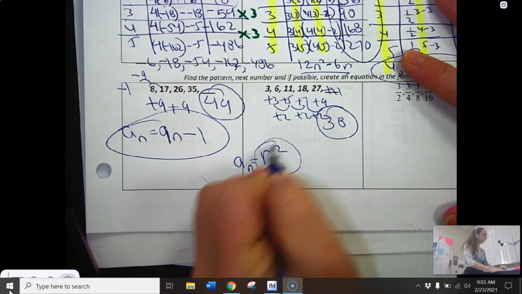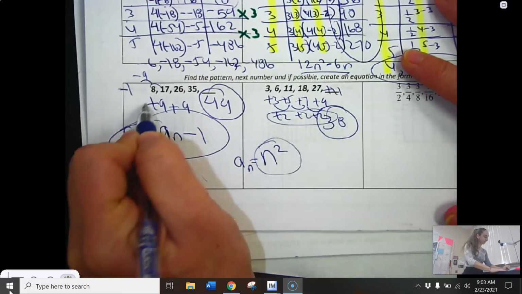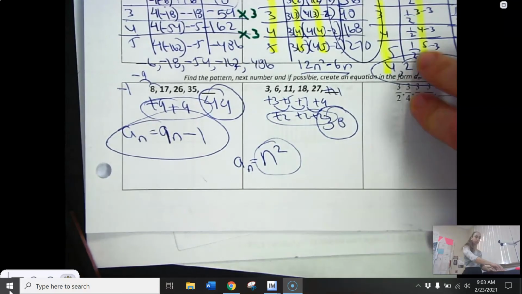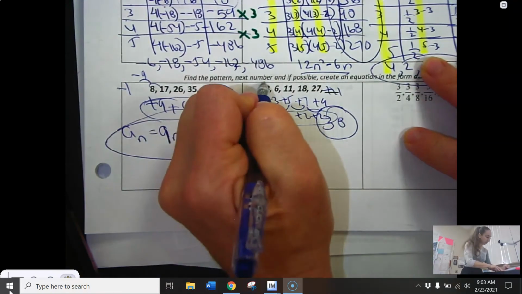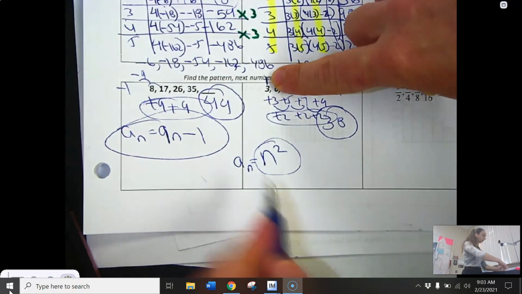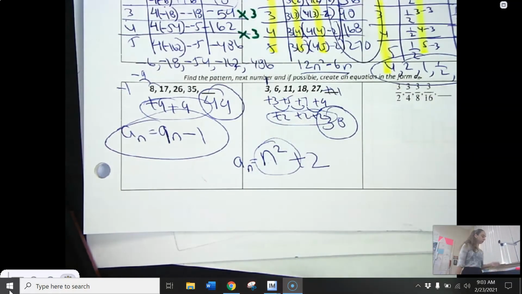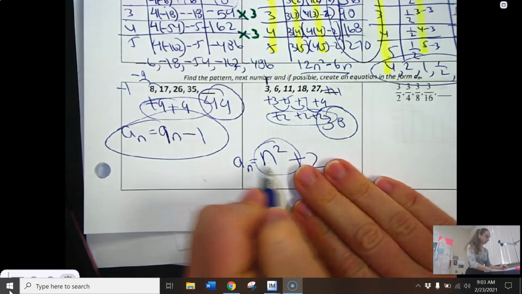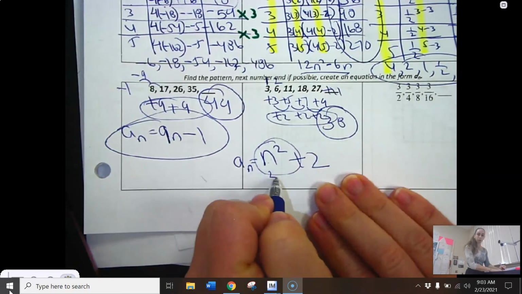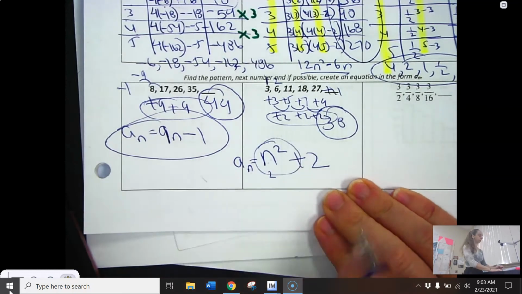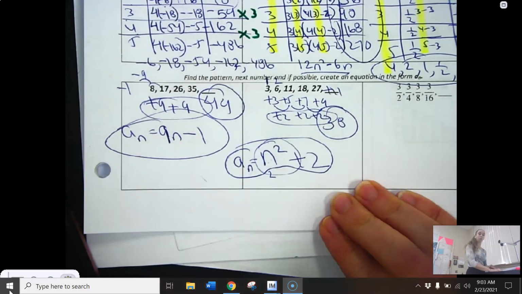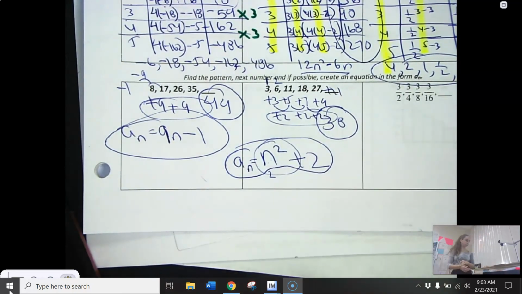It took 2 layers to get a consistent pattern, so I knew it was n squared. If this is considered the first term, 1 squared is 1, plus 2 is 3. Look at the second term. 2 squared is 4, plus 2 is 6. So that is a quadratic function.